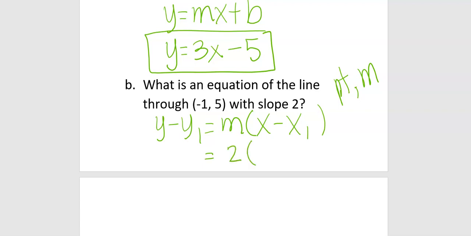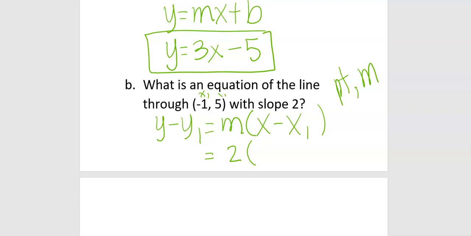Now, the trick is this. Would it look funny if I plugged it in for the xy where I had x1, y1 left? It would look funny, right? So always plug in for the sub-numbered things to leave the other ones there. So here's my x1. Here's my y1.